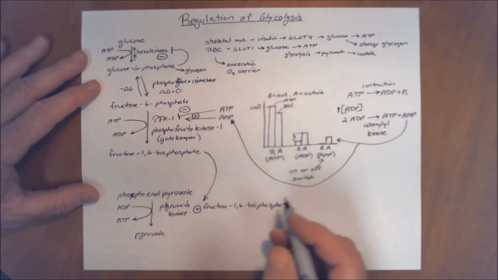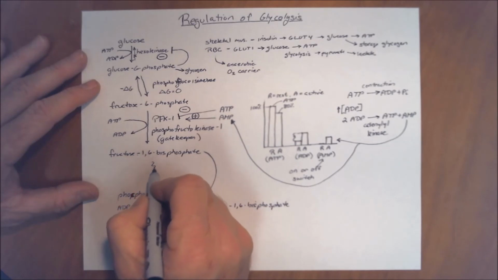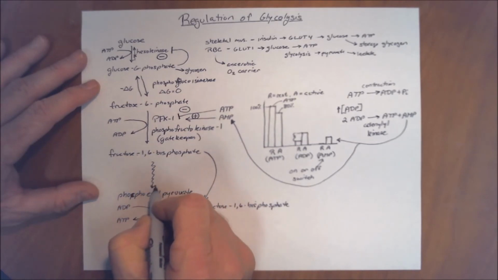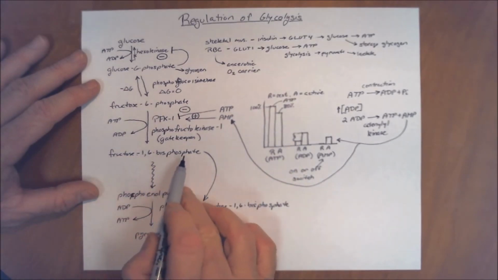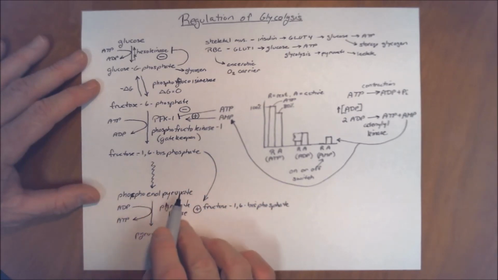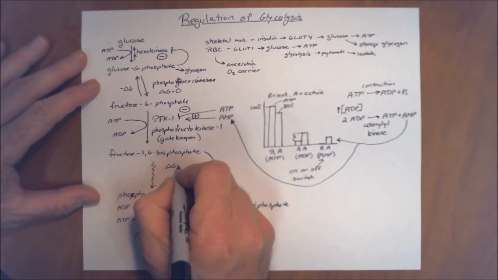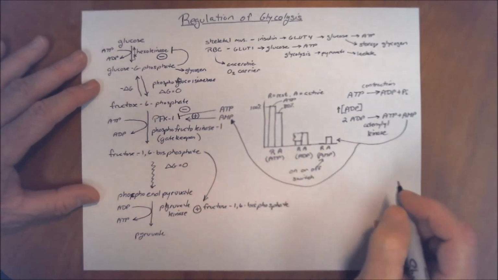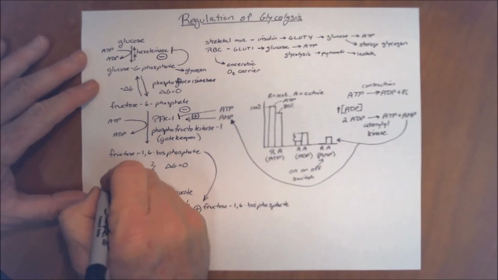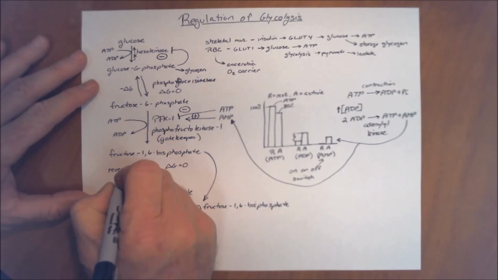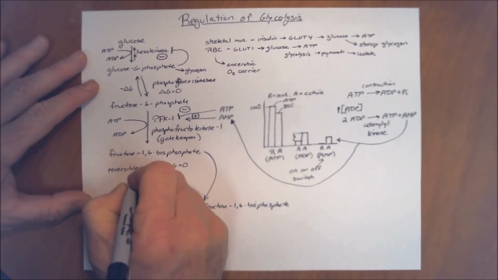The importance of this is because all of these reactions in glycolysis between fructose 1,6-bisphosphate and phosphoenolpyruvate, the delta G's, the free energy changes, are all near zero. So that makes all of these reactions reversible.